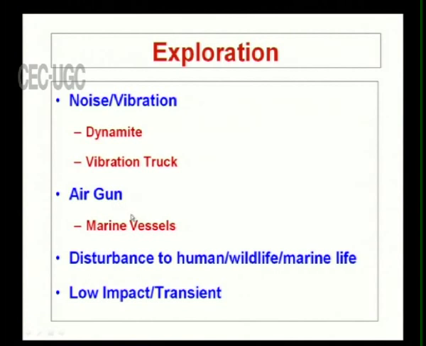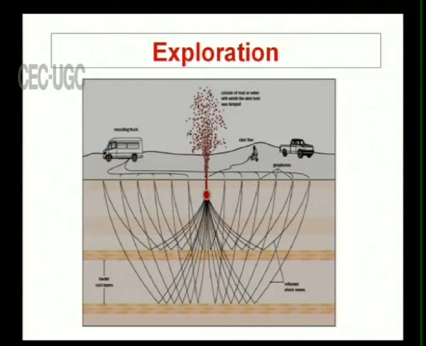In the exploration process we use a lot of dynamite for finding where oil is available, so the vibration, the air gun and the marine vessels all cause a lot of disturbance to the environment, marine life and wildlife. When we strike through dynamite, a lot of pollution is caused.